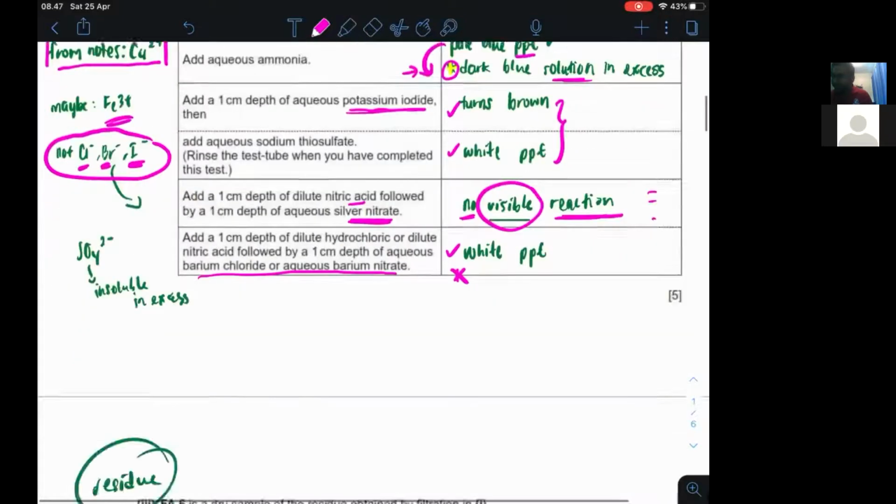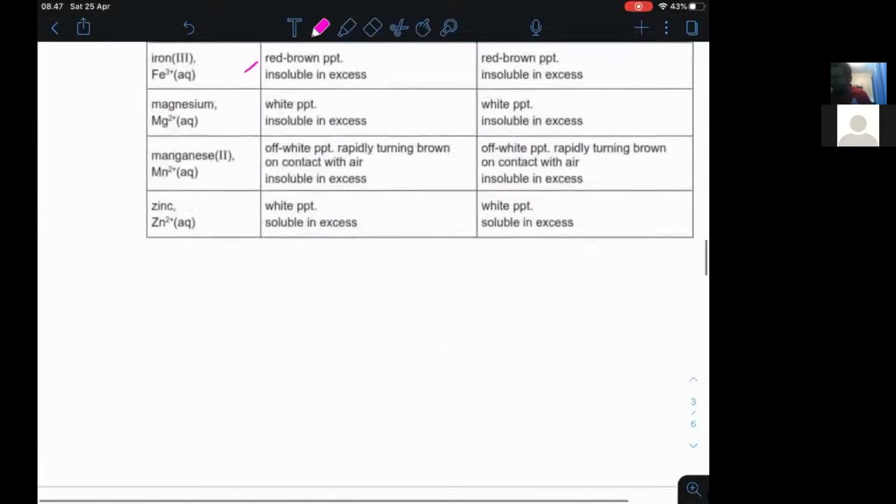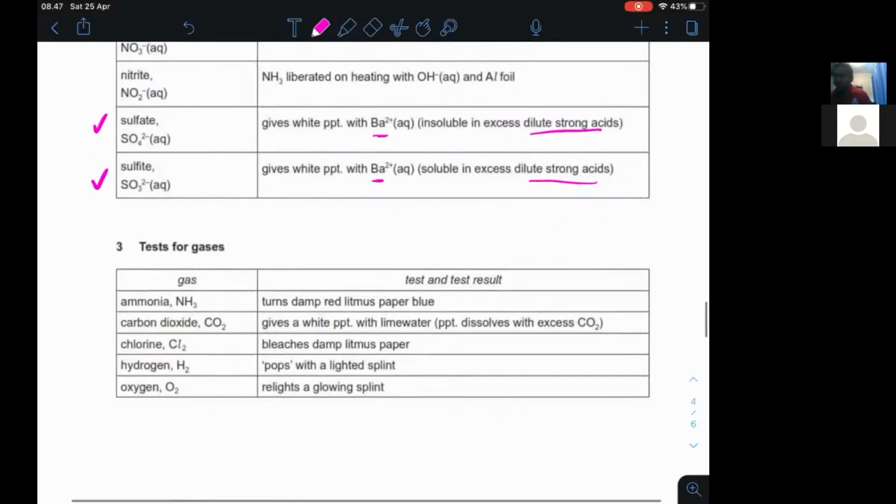So now you saw a white precipitate, but what is the next step? Can someone help me with this? Hansen? You get a white precipitate, you know that it might be sulfate or sulfite. What is the next step that you're supposed to do?